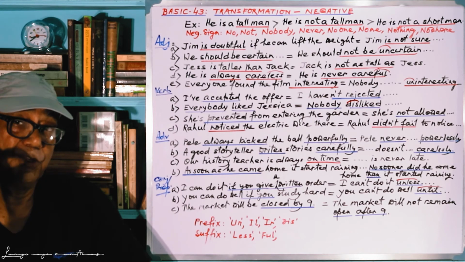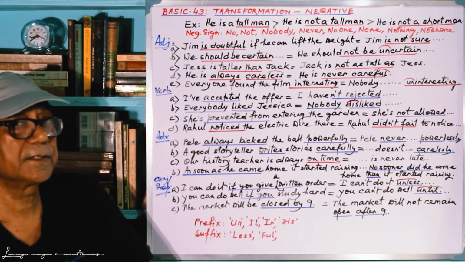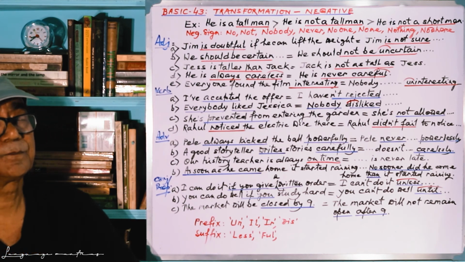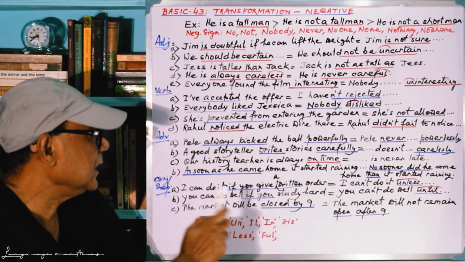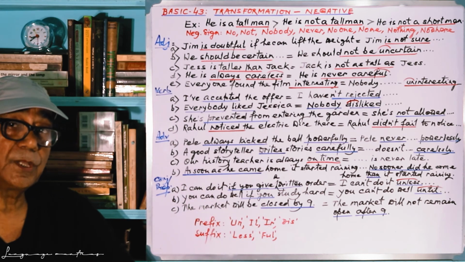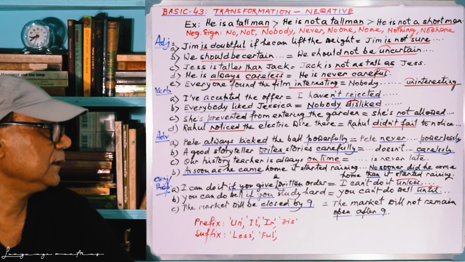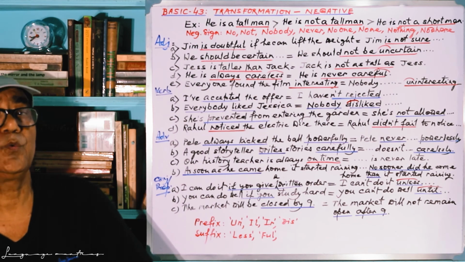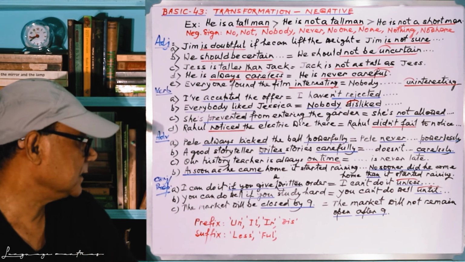So that preposition also will be changed because that part is a negative sentence. The market will not remain open. Instead of the market will be closed, I use the market will not remain open after 9.